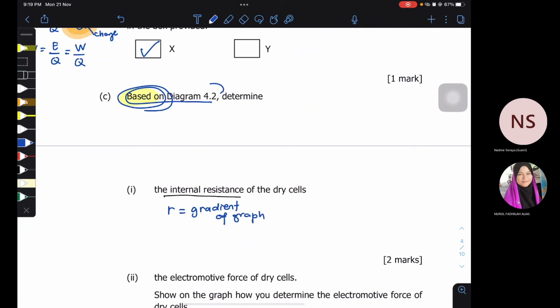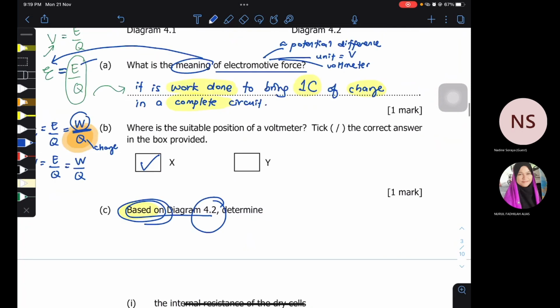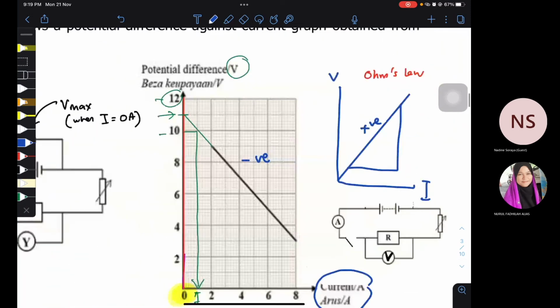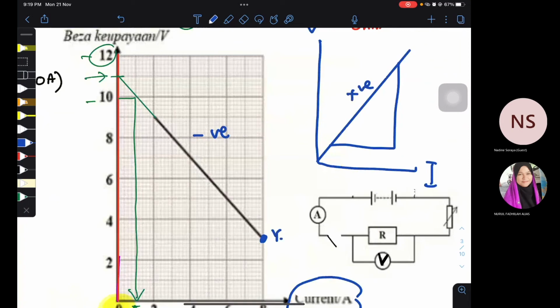Dalam soalan 4.2 tu lah. Jadi apa ni? Formula gradient y2 minus y1 over x2 minus x1. Jadi carilah mana y2. You boleh pilih mana-mana yang senang. So boleh ambil. Cikgu suka ambil nilai yang ujung-ujung. Ni y2 for example.